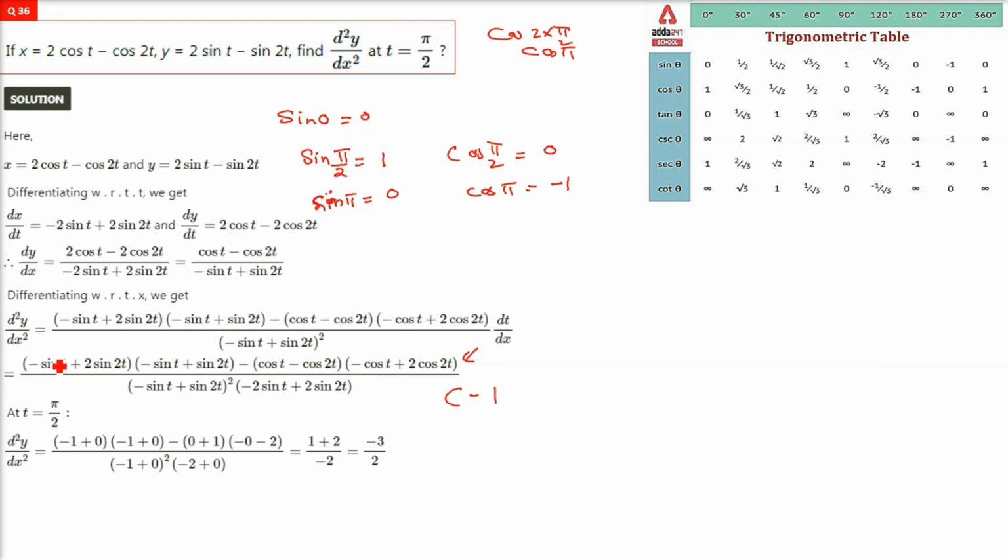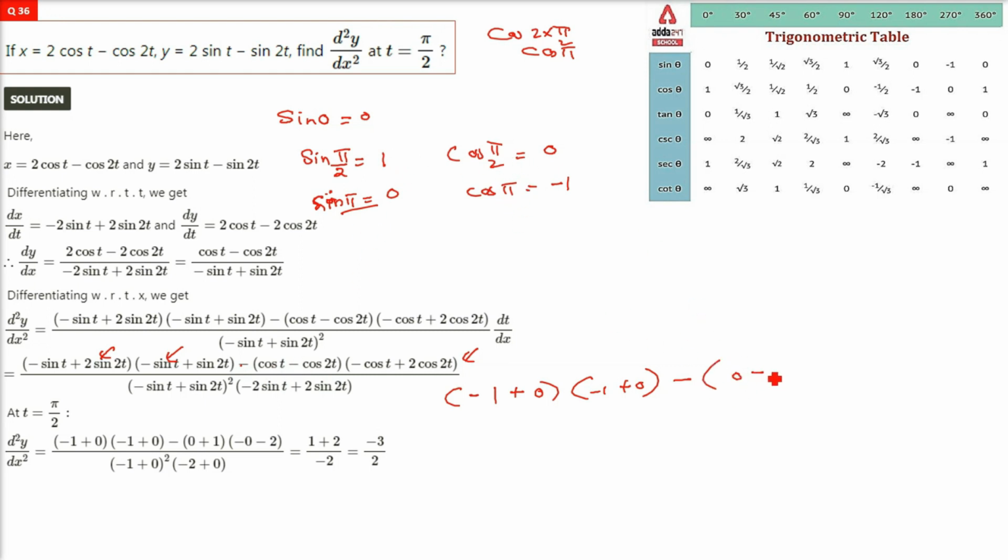So I am now placing the value of sin t, that is sin pi by 2, which is 1, and since I have a negative sign we have negative, and 2 sin 2t, of course sin pi is 0, so I am placing a 0. Coming to negative sin t, sin pi by 2 is 1, so you just write negative 1, and sin 2 into pi by 2, that is sin pi, is 0. Minus cos t, that is cos pi by 2, is 0.